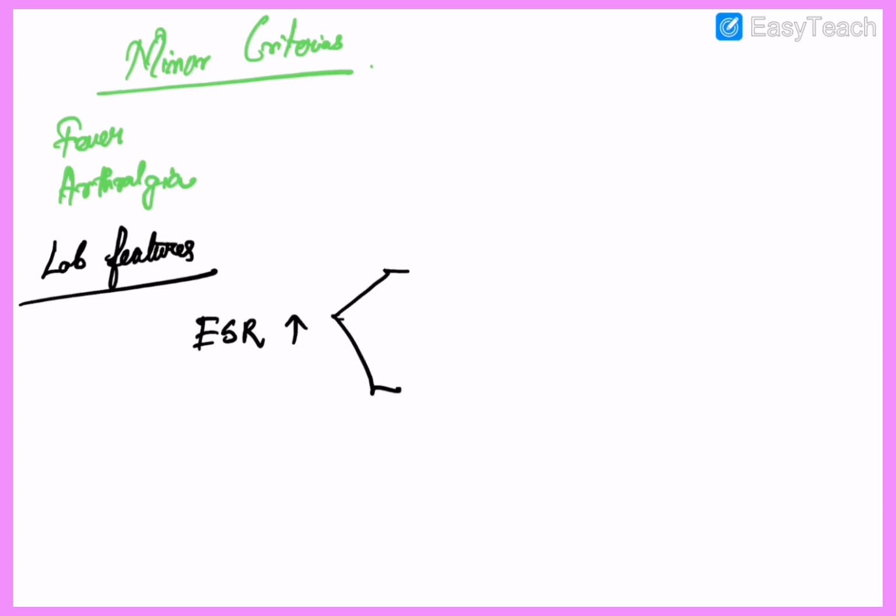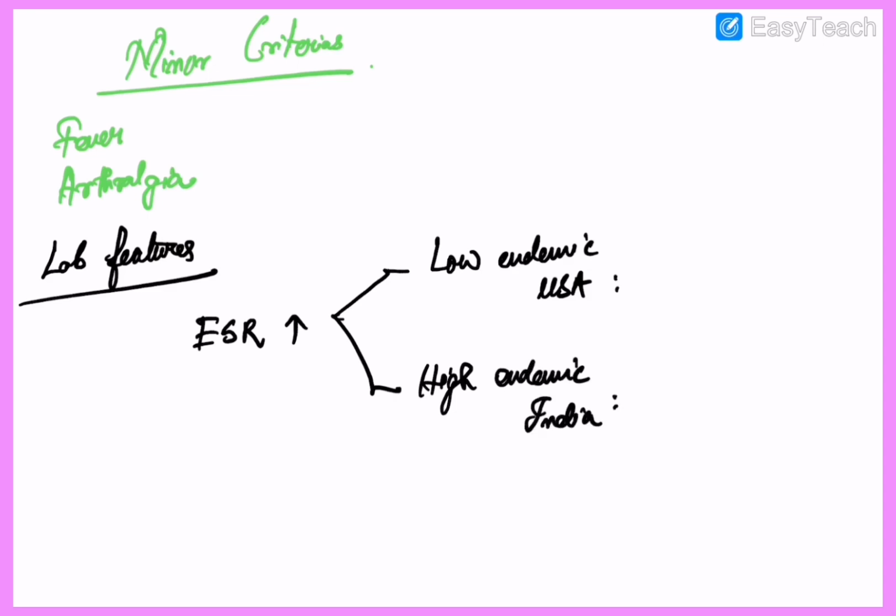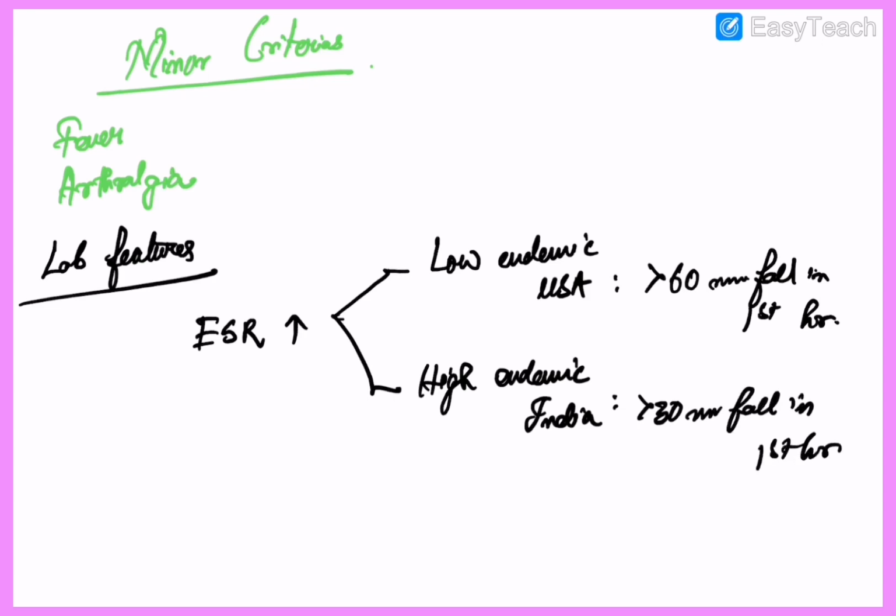Again, with low endemic USA and high endemic India. So in USA, it's greater than 60 millimeters fall in the first hour. But in India, it's greater than 30 millimeters fall in the first hour, to be a minor criterion of rheumatic fever.